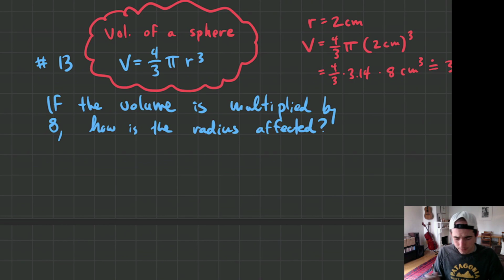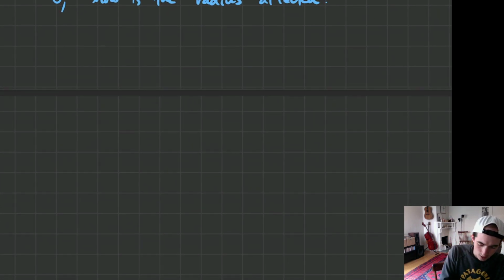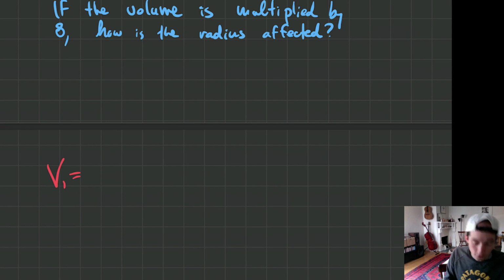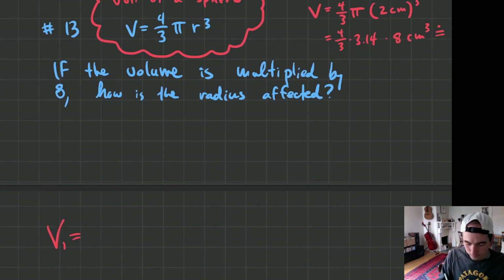So what happens to the radius when the volume is multiplied by 8? Let's say I've got a volume. I'm going to call this volume 1, the initial volume of a sphere.